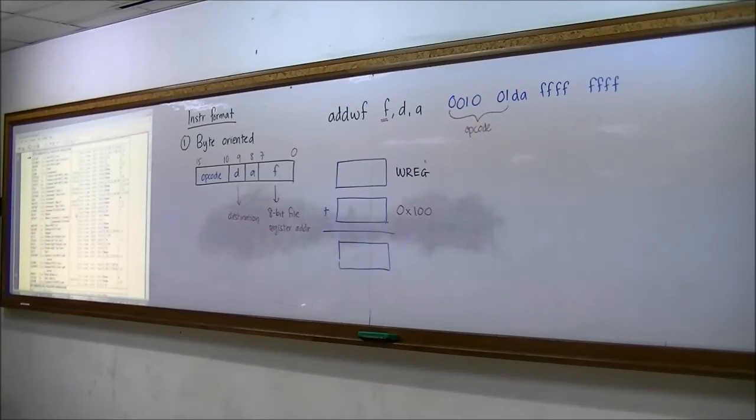But in this case, because one of the file registers is a special function register, it has a name, working register. And what did I mention about the working register? Its address is already known. So one file register address is already known. The other one you don't know, right?